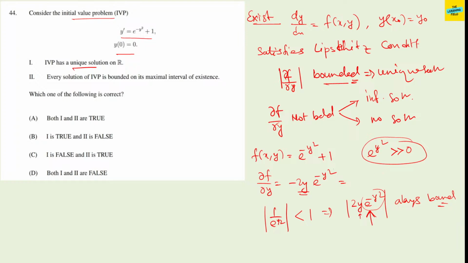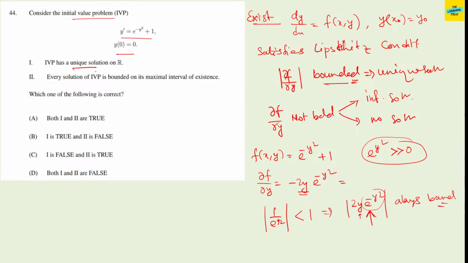And if we multiply any quantity by a quantity which is very near to 0, then this value is always near to 0, or obviously a bounded quantity. Do you understand? Those who are watching, please comment whether you understand how this is bounded. So this is obviously bounded.